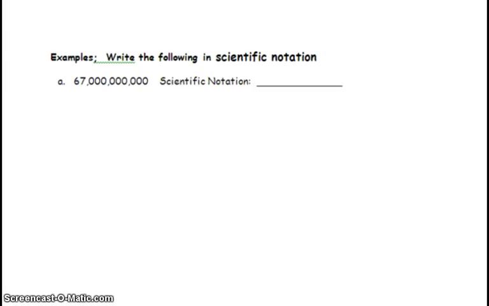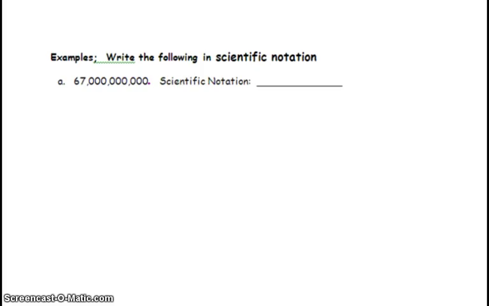Let's go the other way. So now we're going to take this huge number that's in standard notation and we're going to write it in scientific notation. So the decimal point right now is at the end of the number because we don't see it. So the decimal point's at the very end. I just put it there in purple.